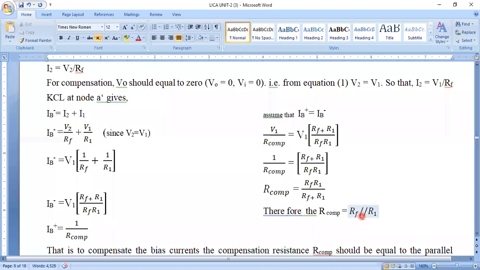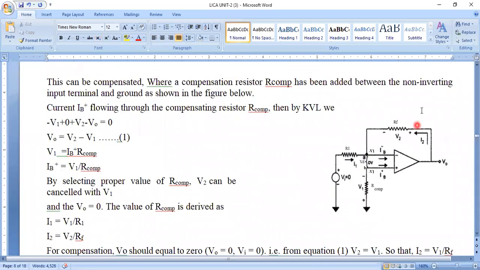That means we connect two resistances, R1 and RF, at the inverting terminal.